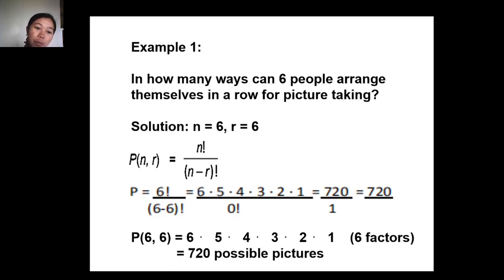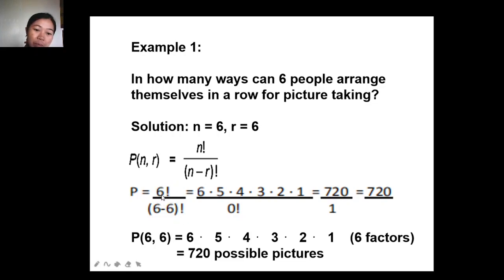So, our formula, permutation of n objects taken r at a time is equal to n factorial all over the quantity of n minus r factorial. So, if we're going to use this formula and substitute the value of n and the value of r, we will have P is equal to 6 factorial all over the quantity of 6 minus 6 factorial.